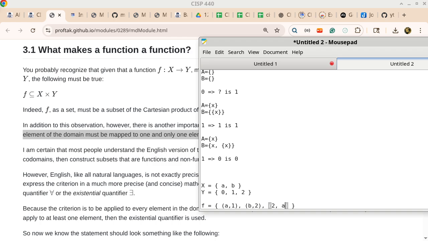Because 2 is in Y and A is in X. So I can now say, yeah, but each element of the two tuple can be found in X and the other one can be found in Y, but they're in the wrong order. And as a result, (2, a) cannot be an element of the Cartesian product of X and Y because every element in that Cartesian product must have the first item of the two tuple coming from X, the second item coming from Y. This does not meet that requirement.